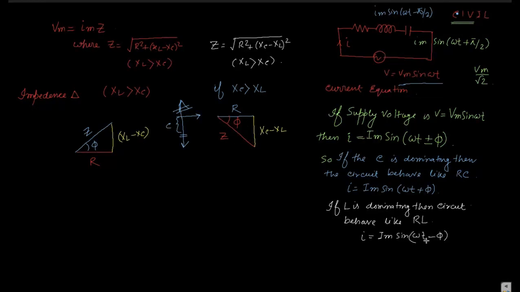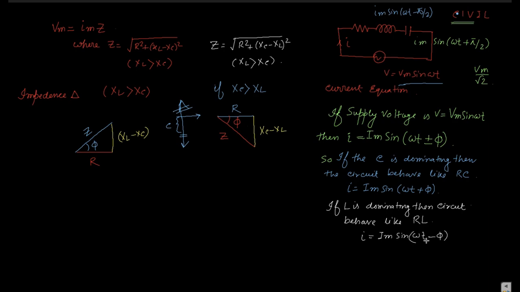That's why, when we don't know the nature of the circuit, the values of the inductor, resistor and capacitor, or the values of XL and XC, depending upon the other parameters we can calculate or compare XL and XC, or VL and VC, and depending upon that we can give our judgment.